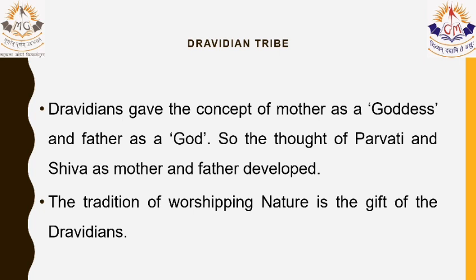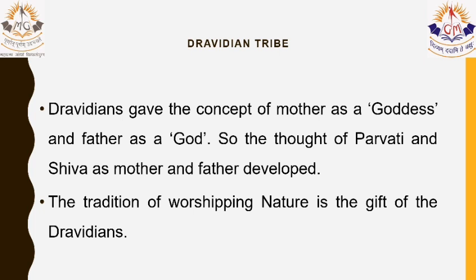Today also we follow lots of these customs and traditions that were set up by the Dravidians. For example, we worship the sun god. We have temples for the sun god, for example, the Sun Temple of Madura is dedicated to the sun god. In the same way we have Varun Dev, that is the wind god. Then we have the Ganga river. We worship the Ganga river as Ganga Mata, that is a goddess.